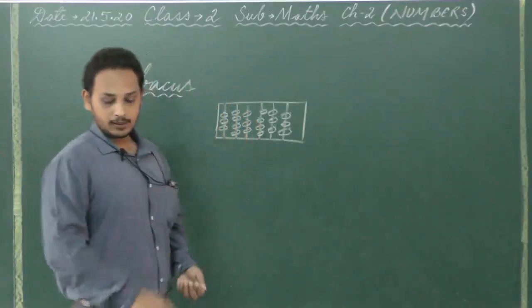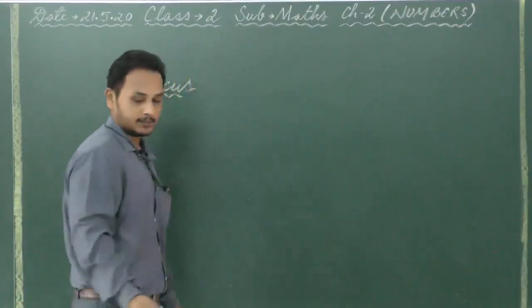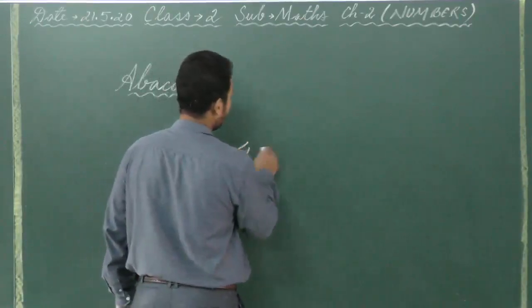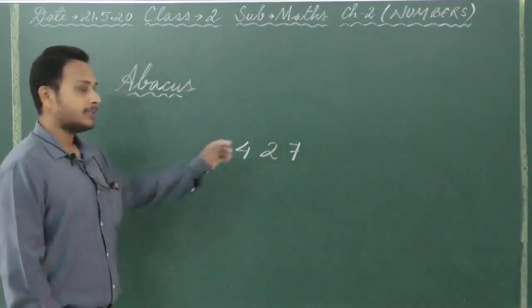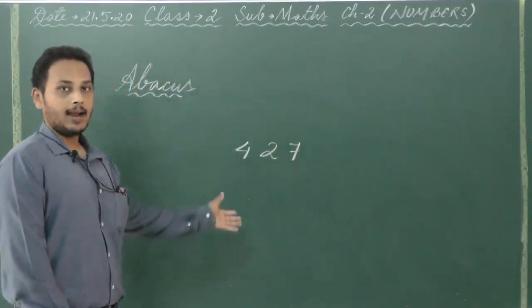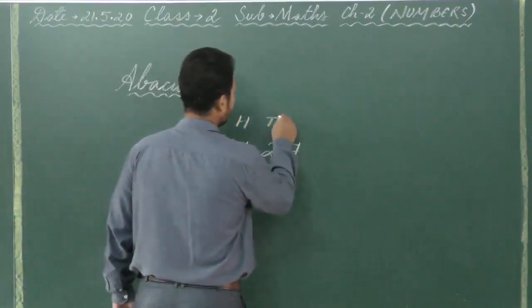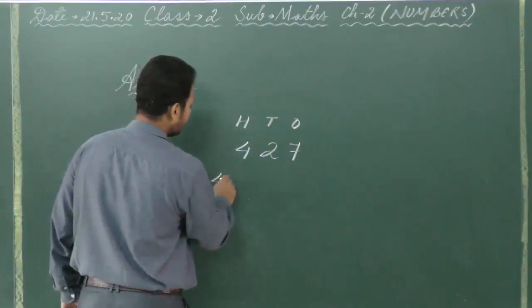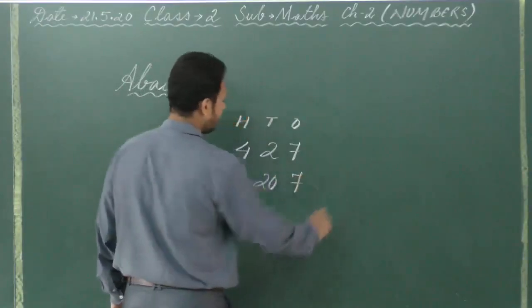Okay, now in this chapter here, there is an exercise given based on abacus. It is very simple. Okay, now suppose you take 3 numbers, 427 for example. Okay, now these numbers, as I told you earlier, when you arrange them in their place, first we get 4 over here, so 4 is in hundreds place, then 2 is in tens and 7 is in ones.